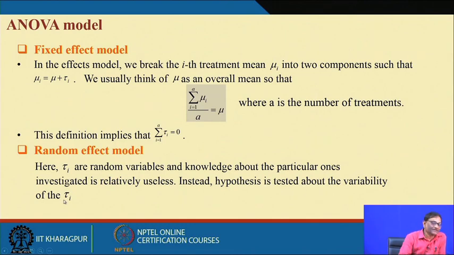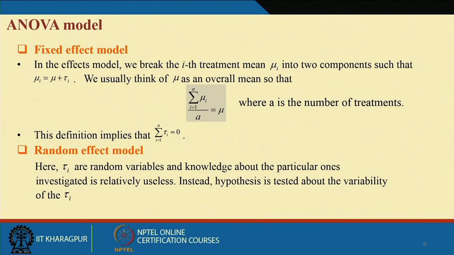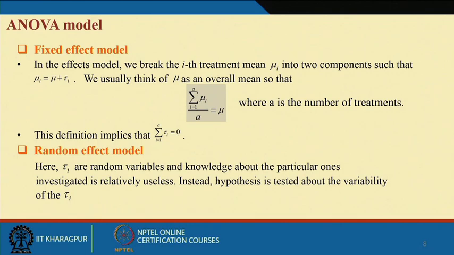So, you do not have a fixed value for tau i, it is a random variable. So, instead of the mean you will be interested in the variability of tau i. Okay. But ANOVA is analysis of variance, even though it is named analysis of variance, it actually tests the equality of population means.